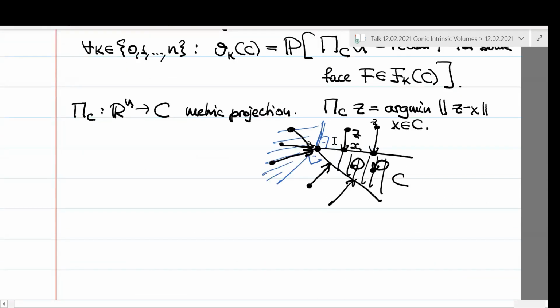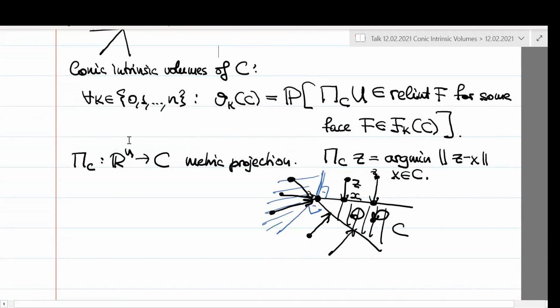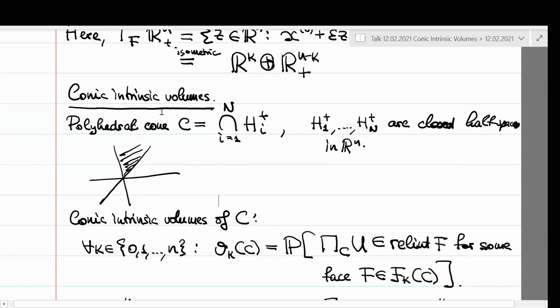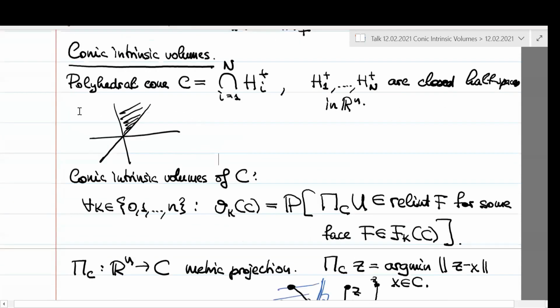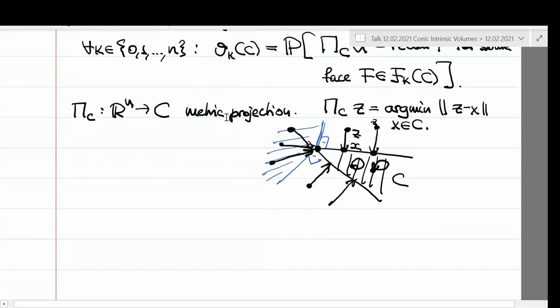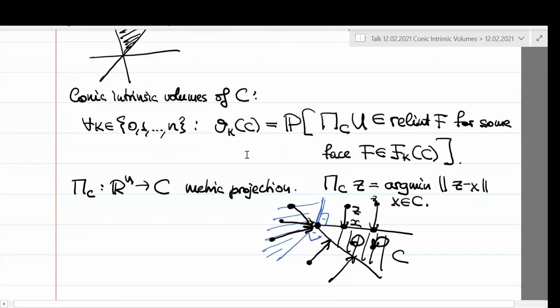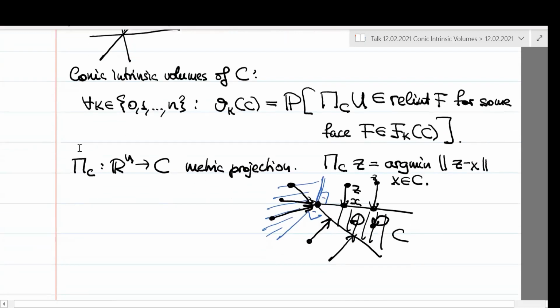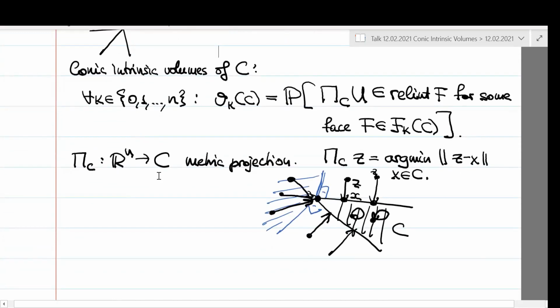Now, the problem can be solved by some tool from integral geometry, which is called the conic Crofton formula. To state this formula, we need the notion of conic intrinsic volumes. If we have a cone C, then the kth conic intrinsic volume is defined as follows. We define the metric projection onto this cone, defined as a minimizer.